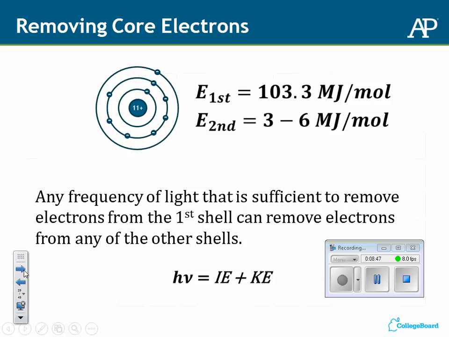So we know that energy is equal to kinetic energy plus the ionization energy. So you're going to have this electron which you can bump off, and the energy needed to bump the electron off is the ionization energy. But if it starts to move beyond that, well, the kinetic energy, the speed of that particle, is going to give us a little bit of information about how much extra energy we gave that electron.